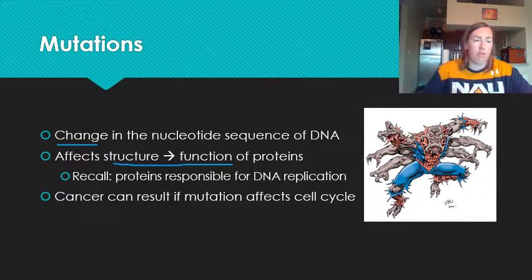But if those proteins are altered and overexpressed, perhaps, then you're moving into mitosis too often. Or if the proteins responsible for preventing a cell from going into mitosis are altered, then cancer can develop as these cells continuously divide uncontrolled. And that's kind of the theme of the rest of the slides.